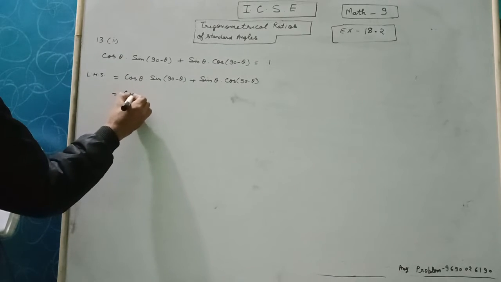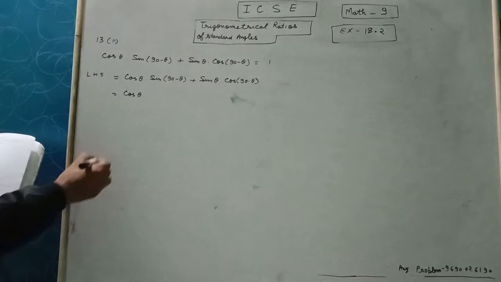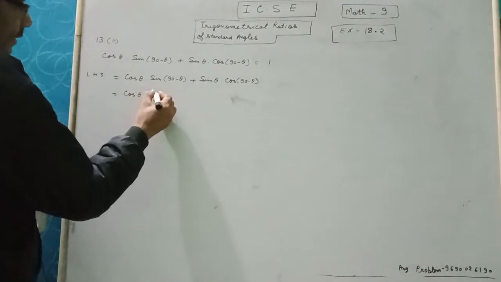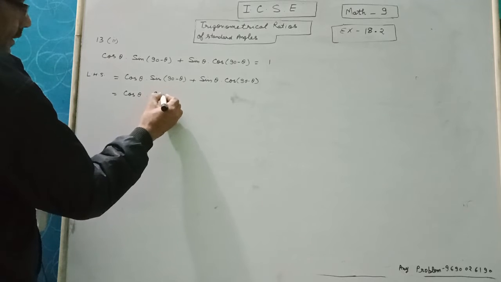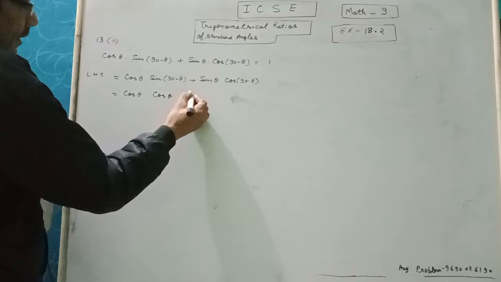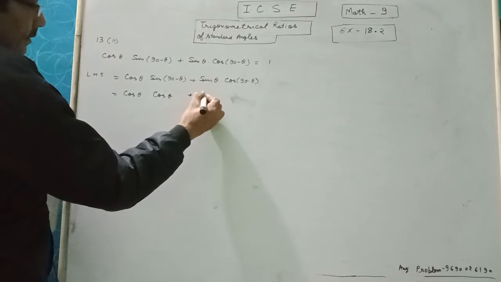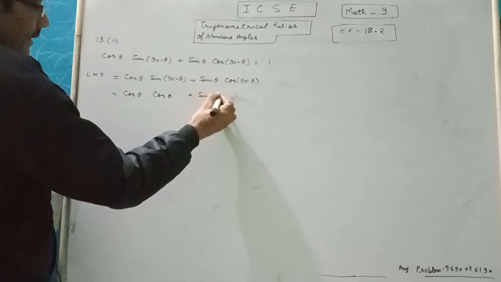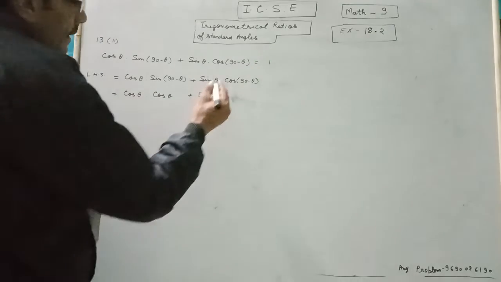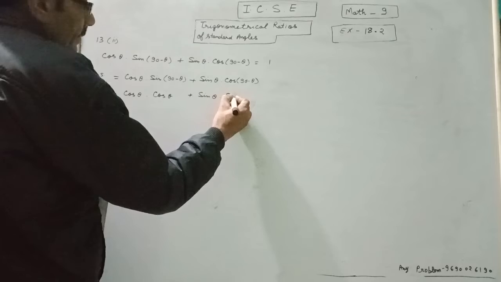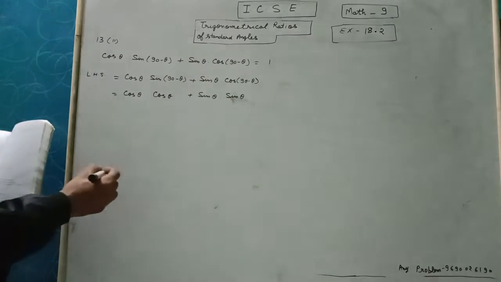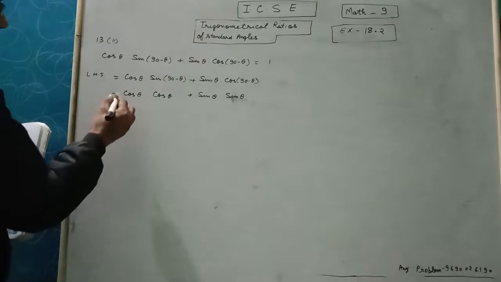Cos theta is the same, sin(90 minus theta) by the formula changes into cos theta, plus sin theta is the same, cos(90 minus theta) changes into sin theta according to the 90 minus theta formula.